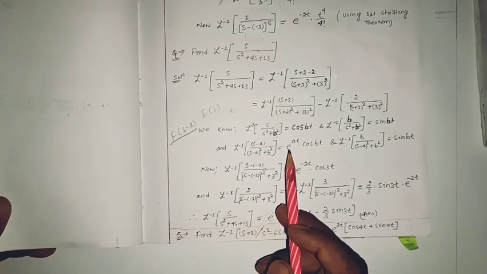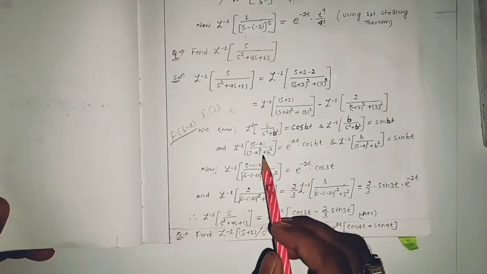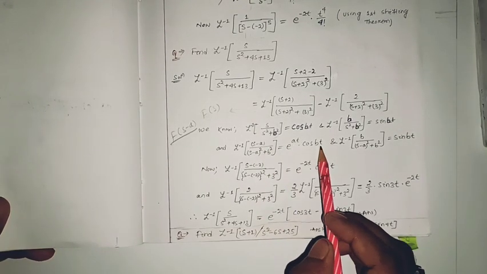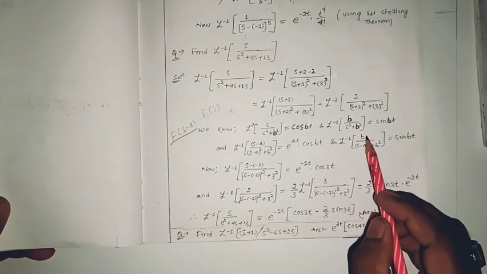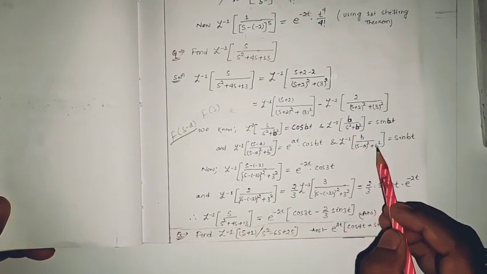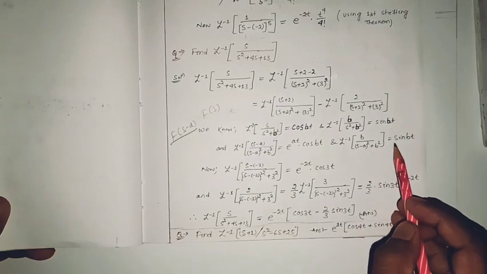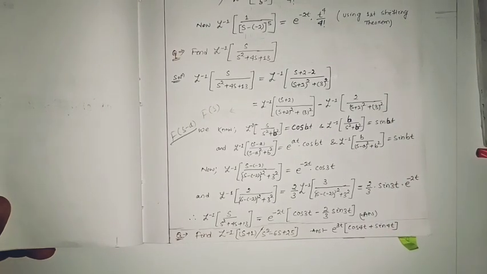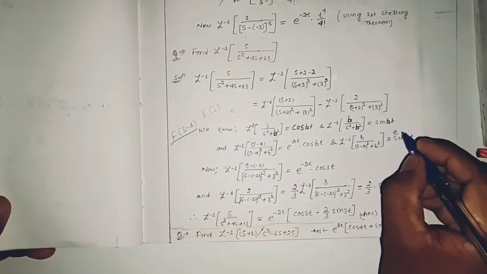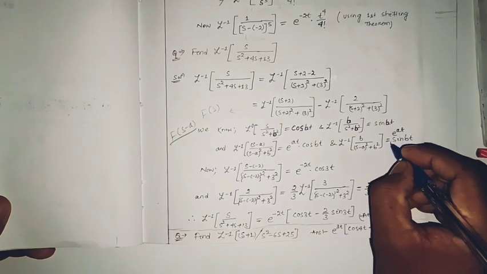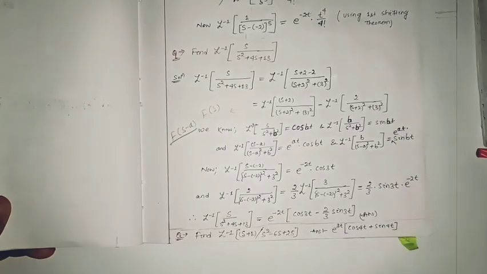According to the shifting property, this value will be e to the power at into cos bt. Likewise, the inverse Laplace transform of b by ((s minus a) square plus b square) will be equal to e to the power at into sin bt. Here I mistakenly wrote it; it is e to the power at into sin bt, right?